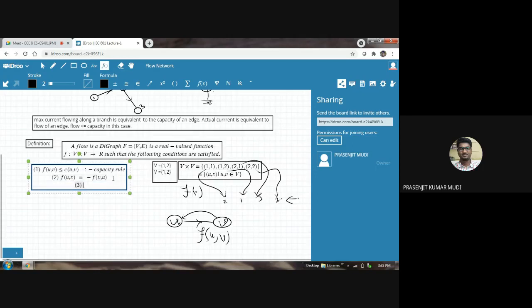Number 3 is based on Kirchhoff's current law, KCL. The amount of current converging into a single node should be equal to the net amount of current diverging from that node, right? That is the KCL. Now, similar to how flow is equivalent to actual current flow along a branch, we can apply a similar principle.